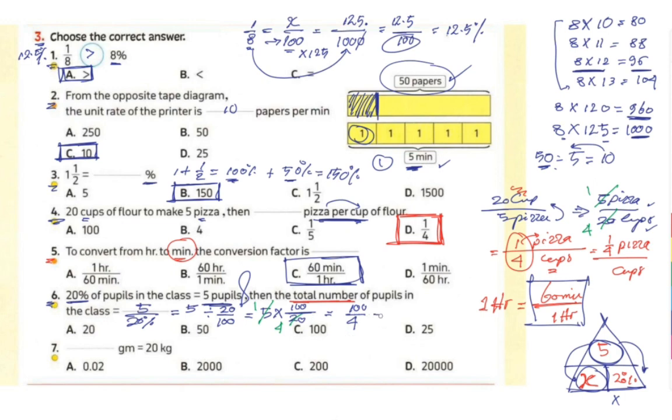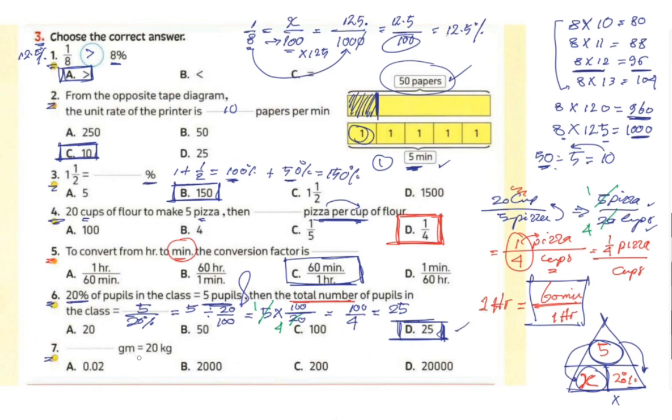If I divide 100 over 4, that's 25. Yes, 25 times 4 equals 100. So the right choice is 25. So the total number of pupils is 25. 20% of them is 5. That's logic.